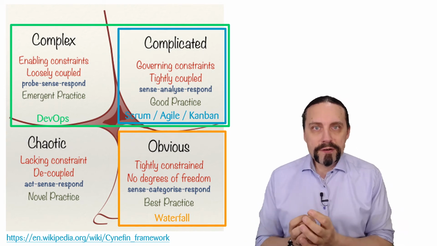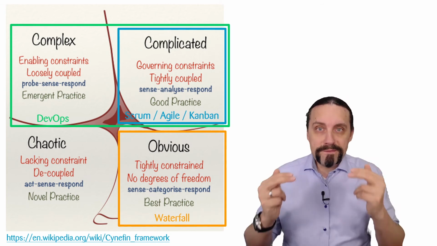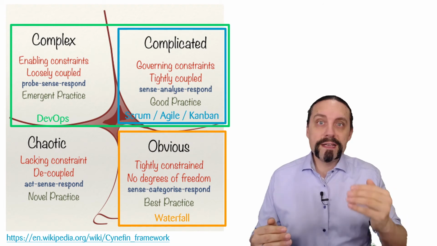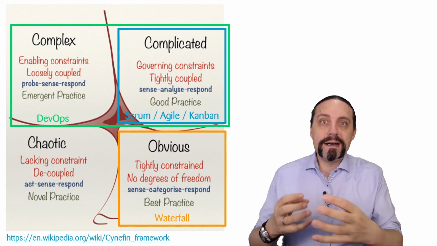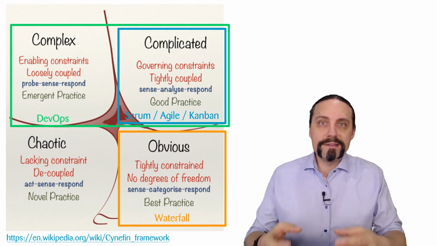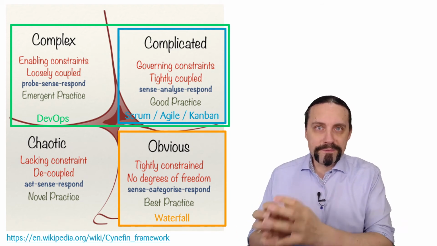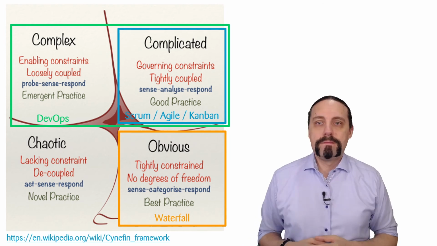So when you are in a complex environment where you have unknown unknowns, you can very, very fast innovate, very fast iterate, bring new value to the customer, identify if it fits the needs of the customer, and then inspect and adapt and always find out which is the right direction.